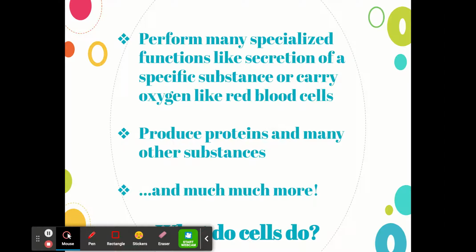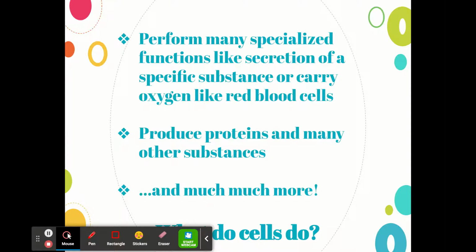So everything from enzymes that help different chemical reactions happen in your body. One example would be salivary amylase. That is an enzyme that's found in your saliva, and it helps to start the digestion process. So as soon as you put food in your mouth and you start chewing it and mixing it with the saliva in your mouth, there is salivary amylase that's starting to break down the carbohydrates in particular. Okay, and enzymes are proteins.